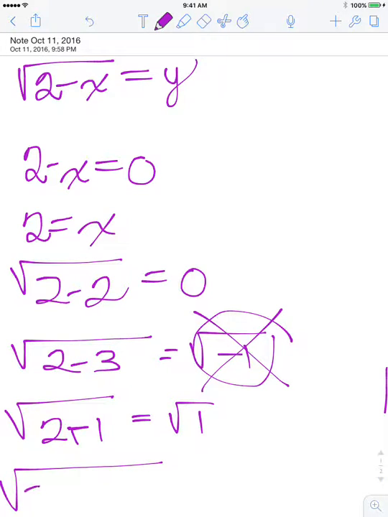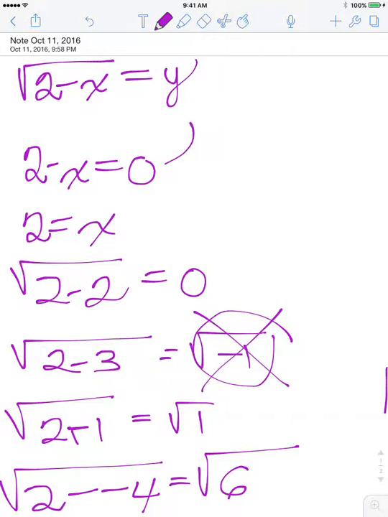Even if I went smaller, like 2 minus negative 4, that's just the square root of 6, because 2 minus a negative 4 is positive 6. And all that works. So solving for 0 let me know that 2 is the absolute largest number I can have.